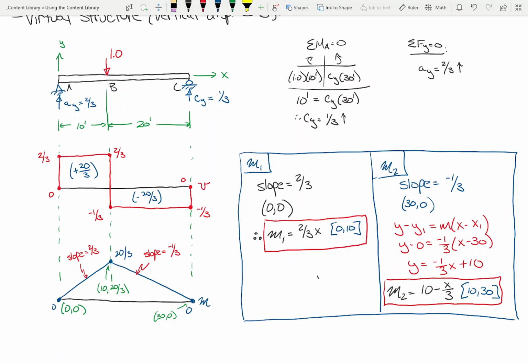Notice how I didn't cut a section. No section cuts, none of that. It's just a line.